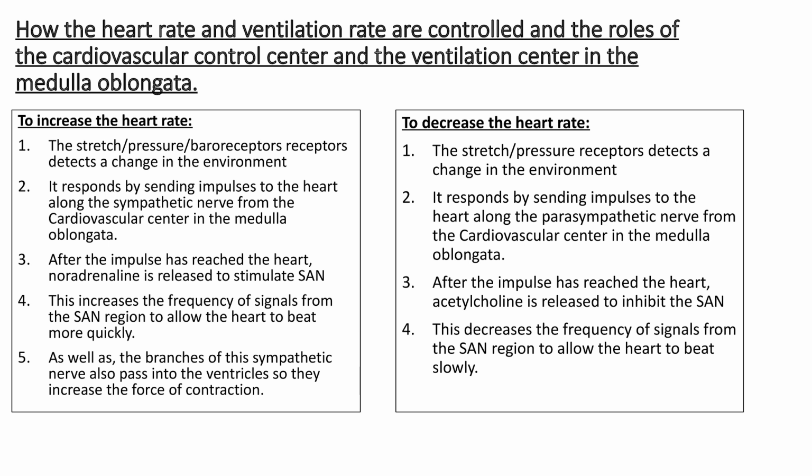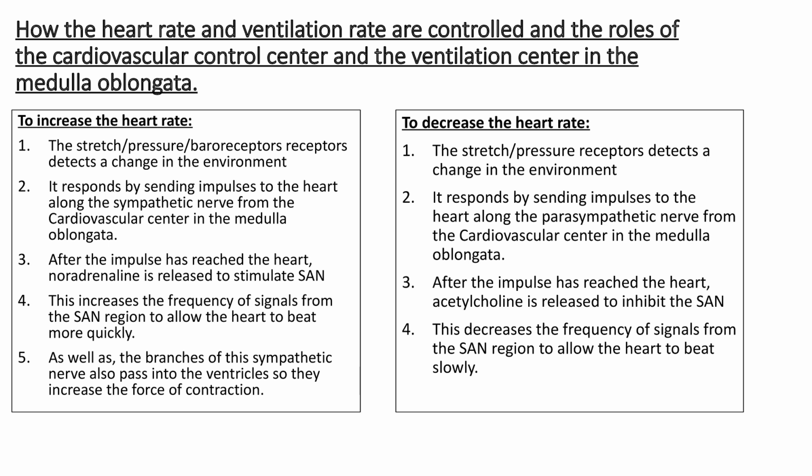So the impulse is sent from the cardiovascular center in the medulla oblongata via the sympathetic nerve to the sinoatrial node, and then noradrenaline has been released. We all know that adrenaline increases heart rate.